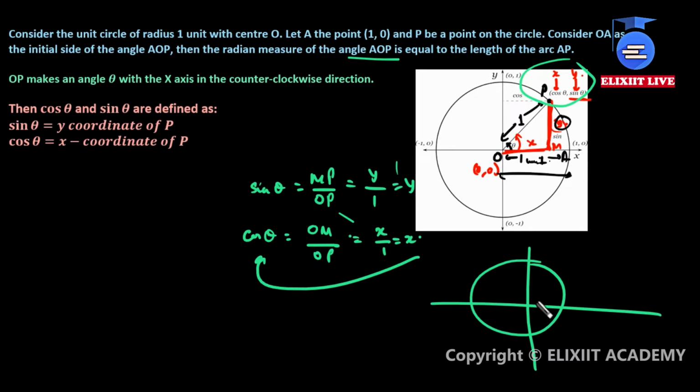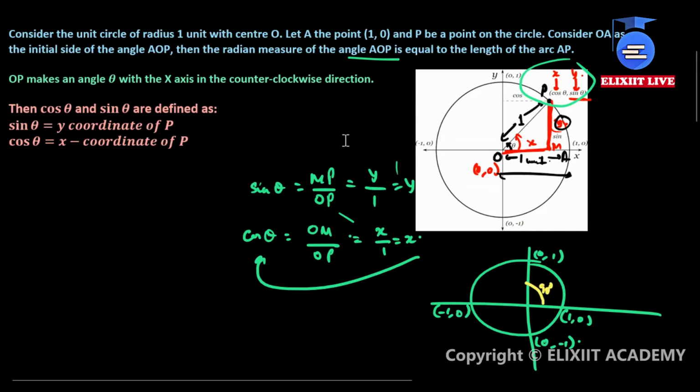Let's say in a unit circle, this point is 1 comma 0, this is 0 comma 1, this is minus 1 comma 0, and this is 0 comma minus 1. I am marking these points just for reference. If I travel 90 degrees, this much angle is 90 degrees. Okay.